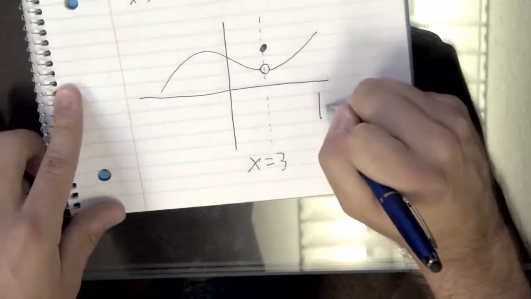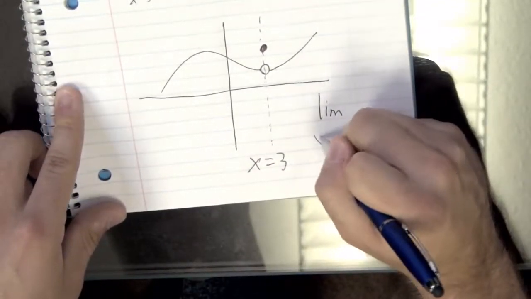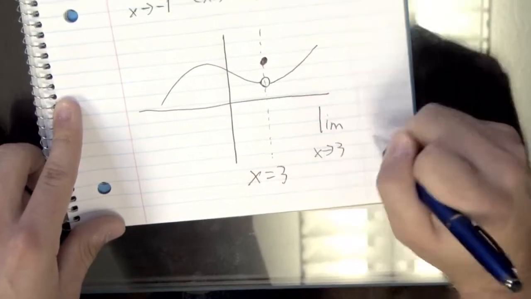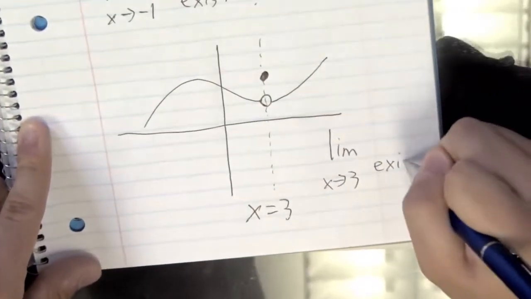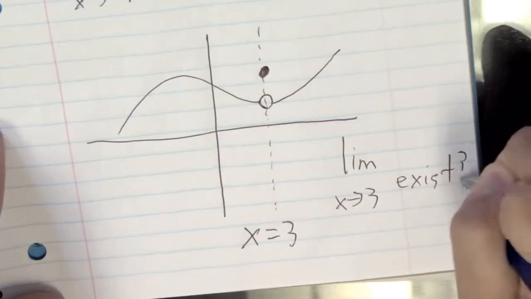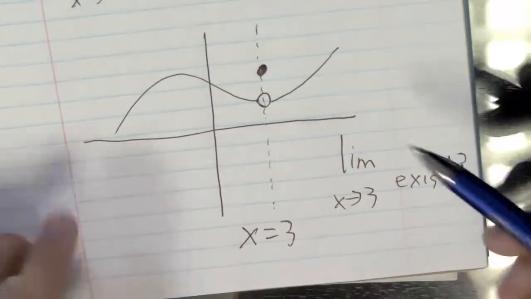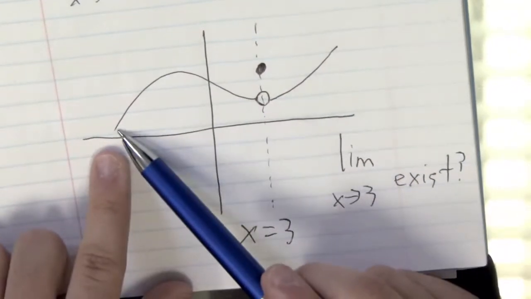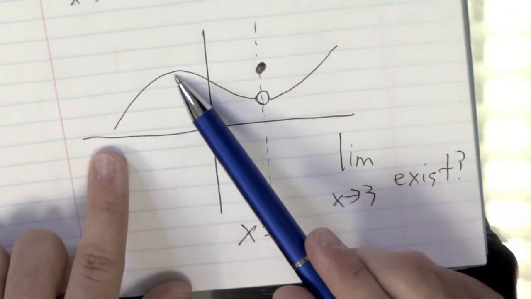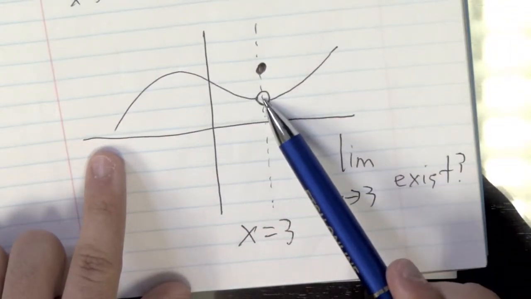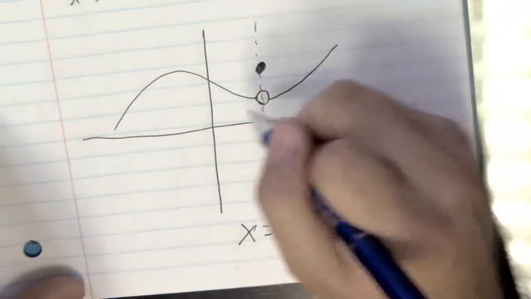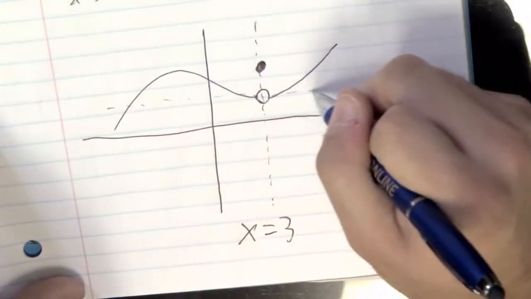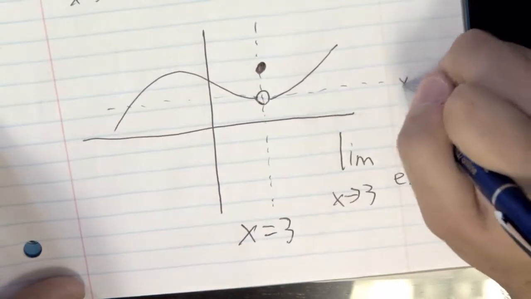Does the limit as x approaches 3 exist? Well, let's use this same simple rule we've been using. As x draws from the left, it gets closer and closer to this number, whatever it may be. So let's just say that this is y equals 1.